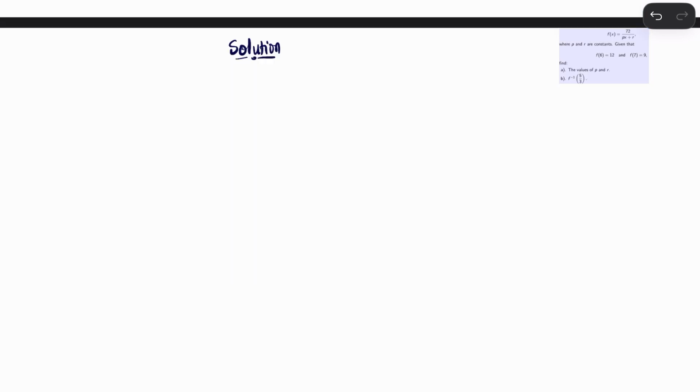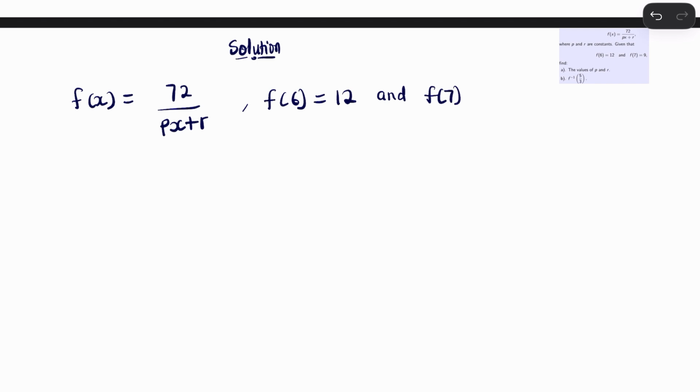Solution. So here we have f of x is equal to 72 on px plus r. Now we have f evaluated at 6 is equal to 12, and f evaluated at 7 is equal to 9. So now let's find the values of p and r.